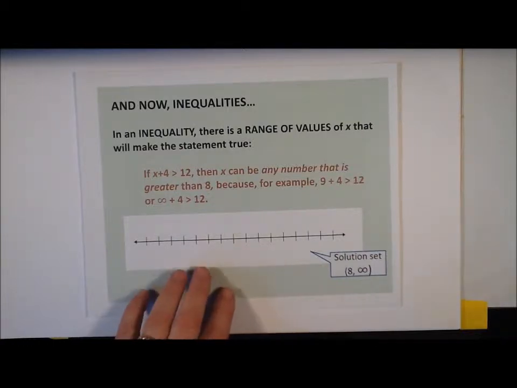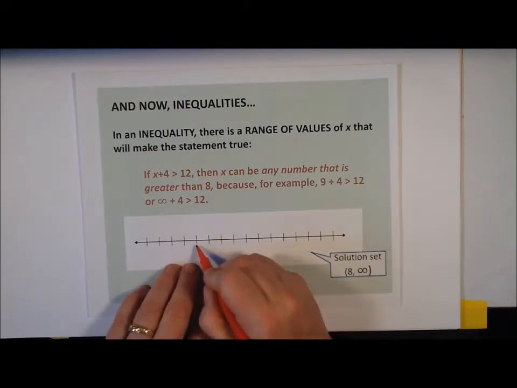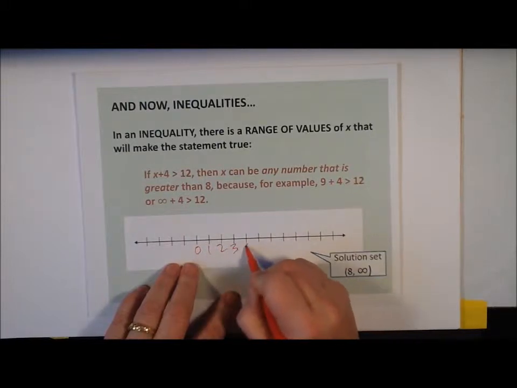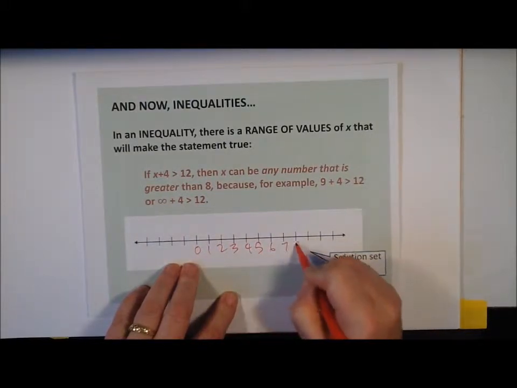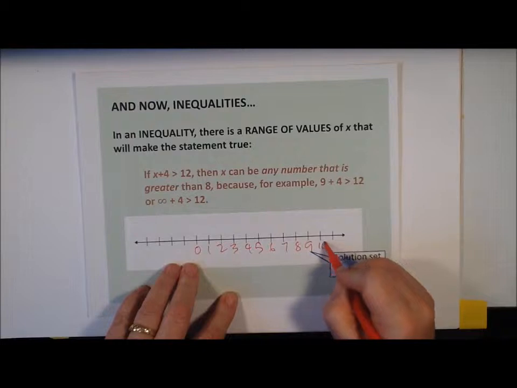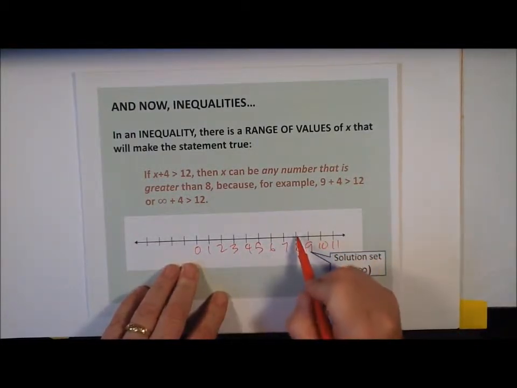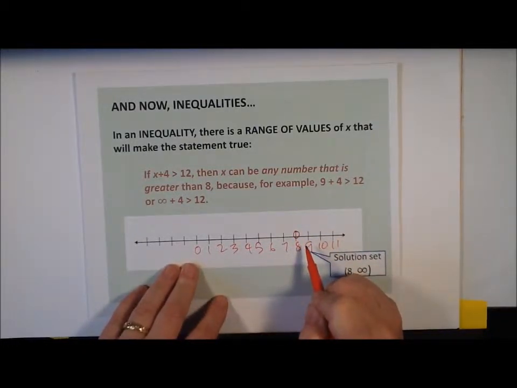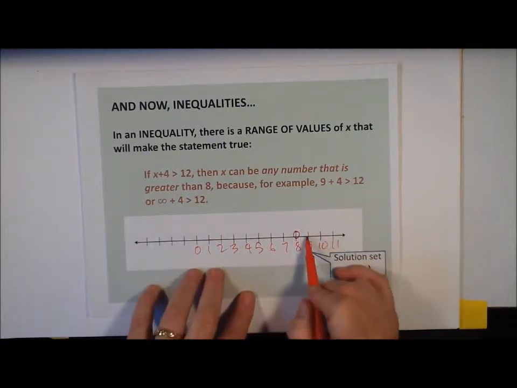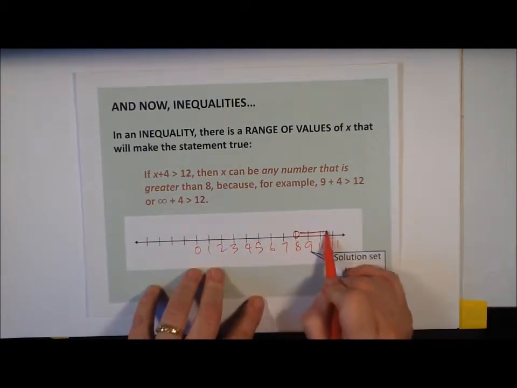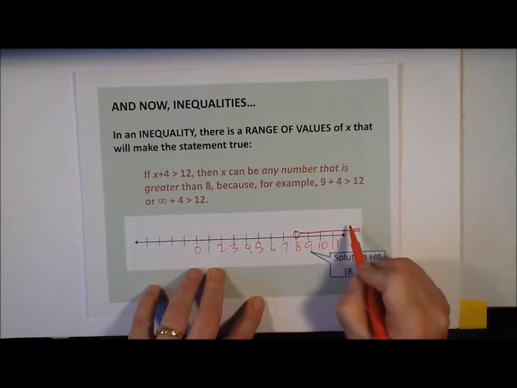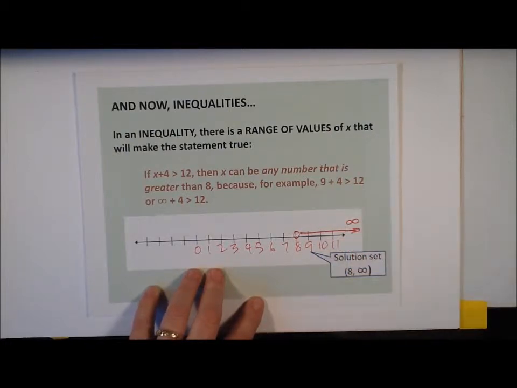So here, if I'm going to say that this is 0, I would write that as, here's 8. Now 8 won't actually work because 8 plus 4 is 12. It's not greater than 12. But any number that is greater than that, all the way through to infinity, will work.